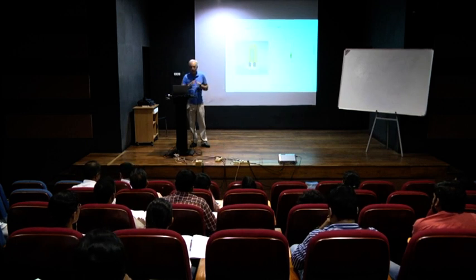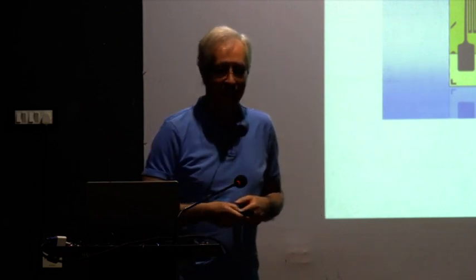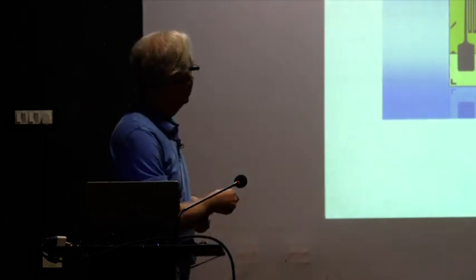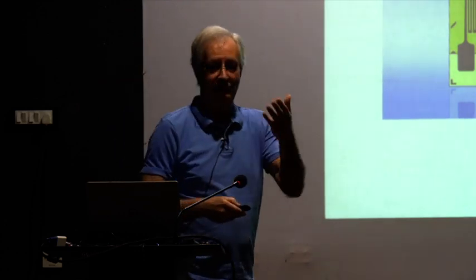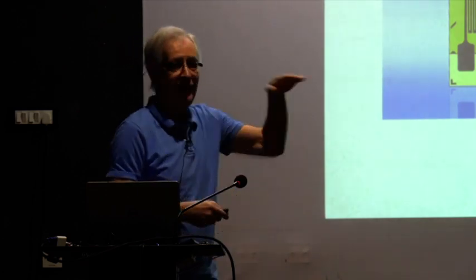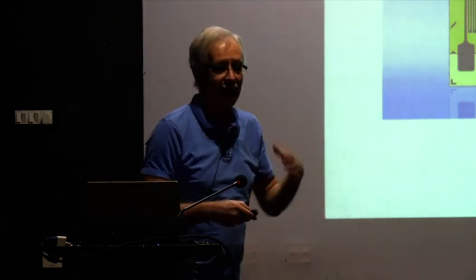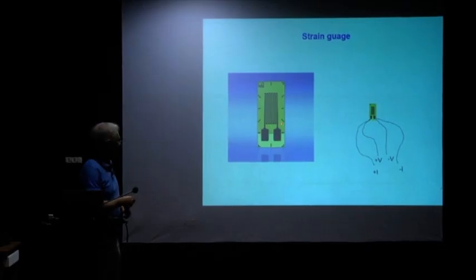So, let's look at a strain gauge first, okay? This is a strain gauge. This is what it looks like. It's a material that has a certain resistance. It's a wire. It's embedded on some kind of a Kapton foil or some kind of a polymer, okay? And it has a certain resistance.